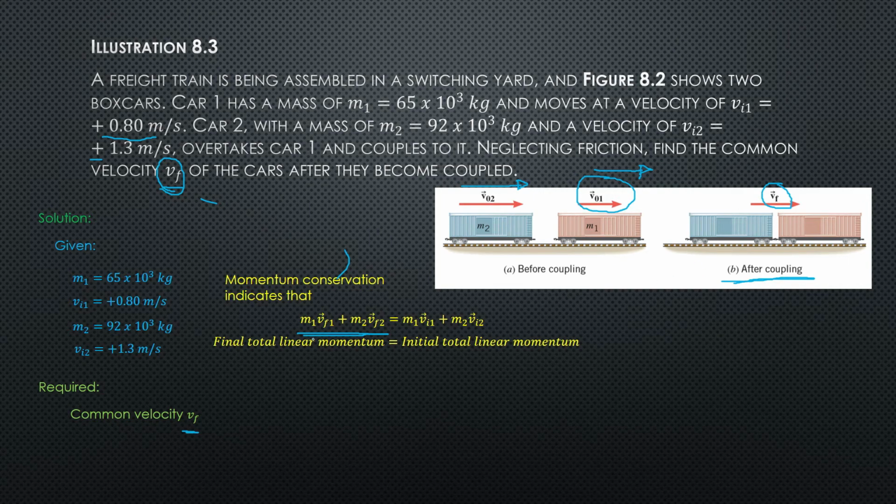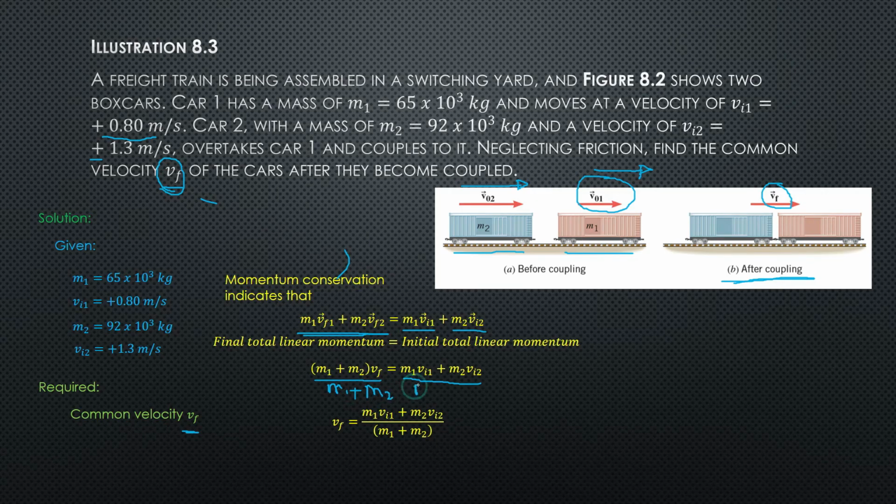So the formula becomes mass 1 plus mass 2 multiplied by the final velocity, and the initial total linear momentum, they are not yet coupled, individual boxcars. Now from this equation you can solve for the final velocity by dividing both sides by mass 1 plus mass 2.